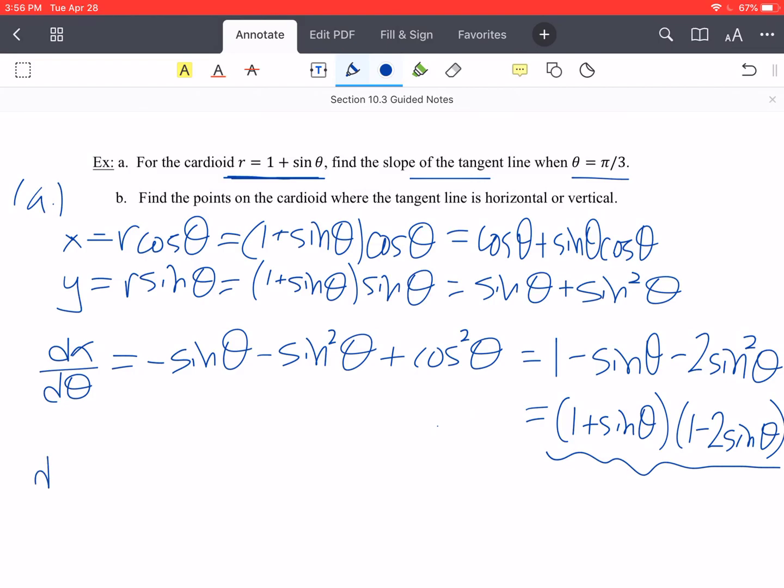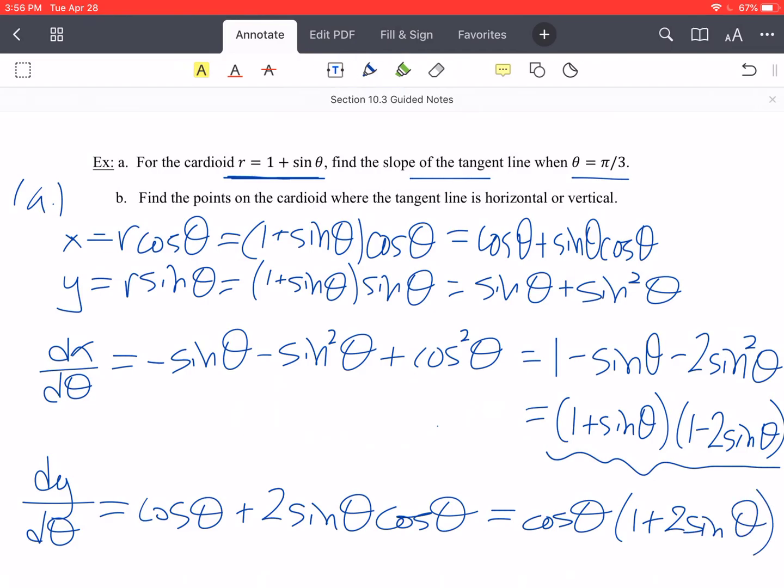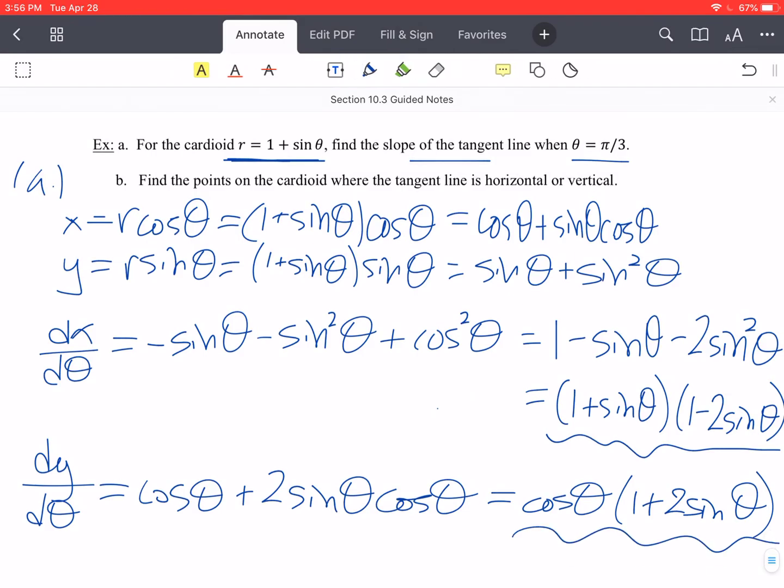And then dy d theta is going to be cosine of theta plus, using the chain rule, 2 sine theta cosine theta. Factor out a cosine, we're left with cosine theta times 1 plus 2 sine of theta. Okay, so this is dy d theta.